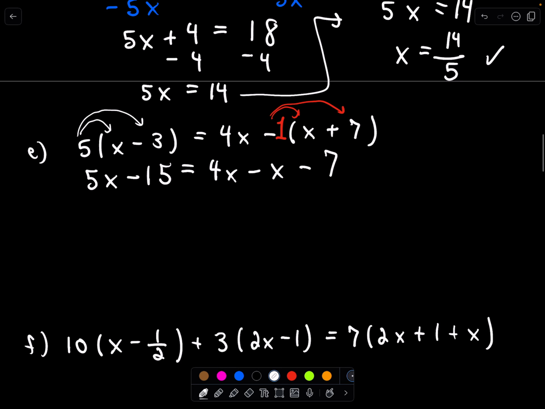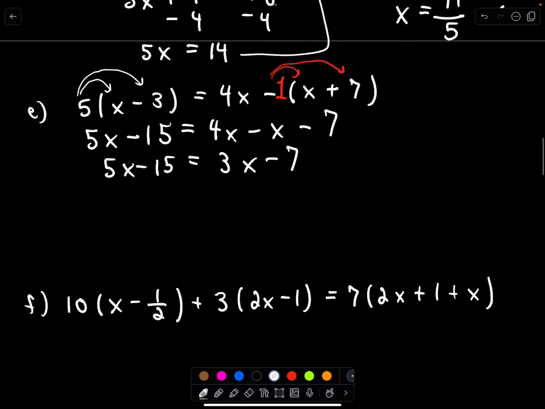Now, there's nothing to combine on the left side. I don't have any like terms, so I'm just going to leave those alone. But on the right, I can combine 4x minus x. That's going to leave me with 3x minus 7. So I'm going to subtract 3x from both sides. If I subtract 3x from both sides, that's going to leave me with 2x on the left and just the negative 7 on the right.